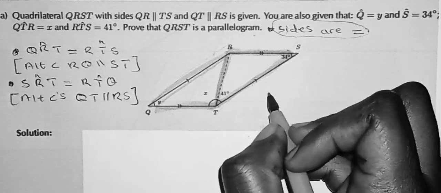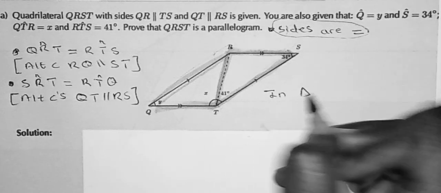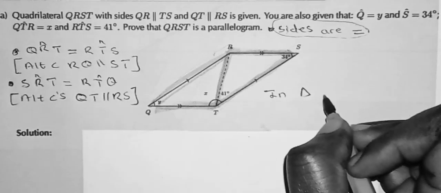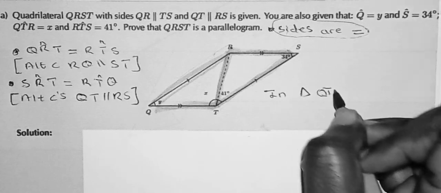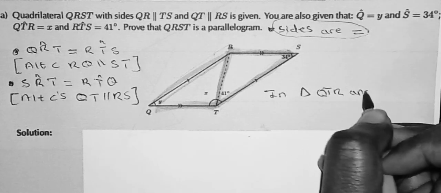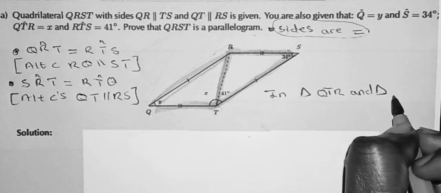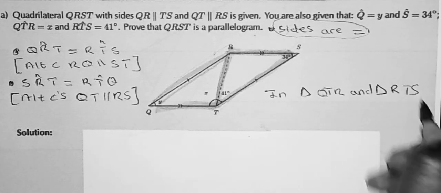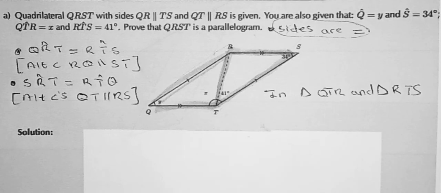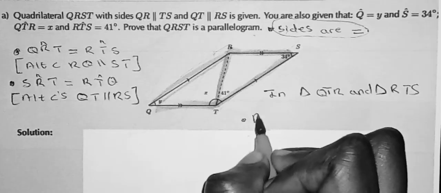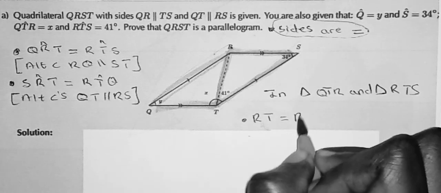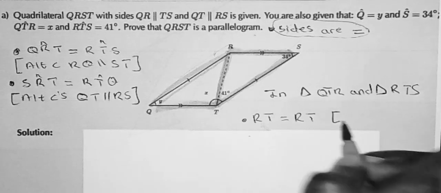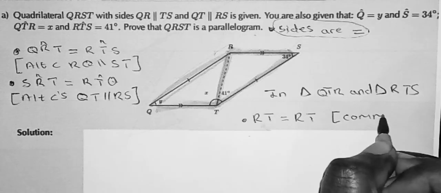So I'm going to say in triangle QTR and triangle RTS, RT is equal to RT. The reason will be common side.